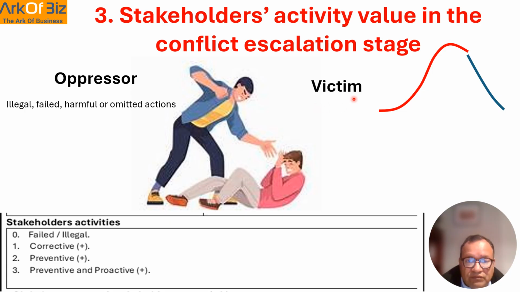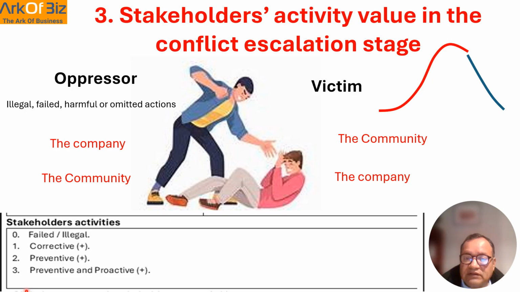So the oppressor may be the company and the community the victim, or the opposite. The community may initiate the conflict and it is the oppressor, and the company becomes the victim.